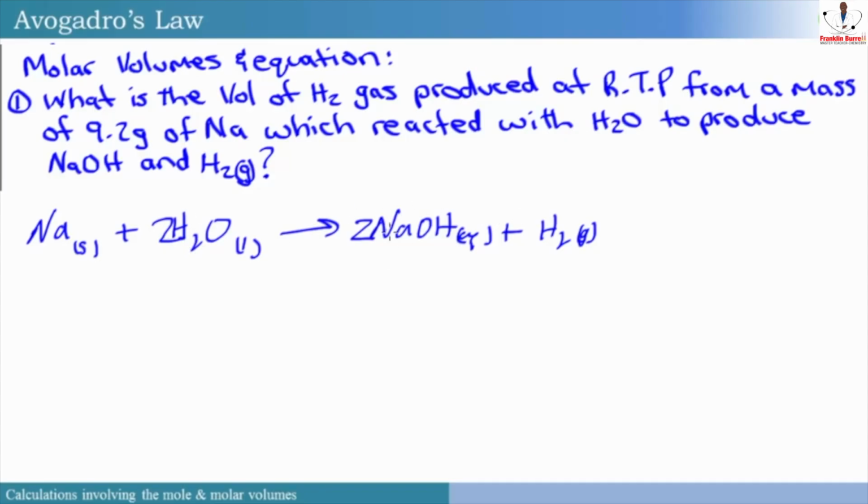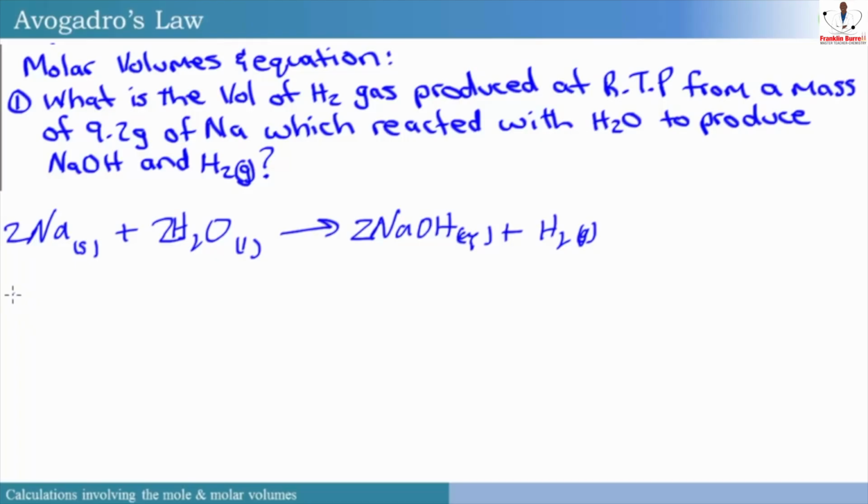So we're okay with that. Since I have 2 sodium here and 1 there, I must put 2 there. Now I have 2 sodium, 2 water, 2 sodium hydroxide to 1 H2. Now the first move after balancing the equation is to convert the mass of sodium into moles of sodium.